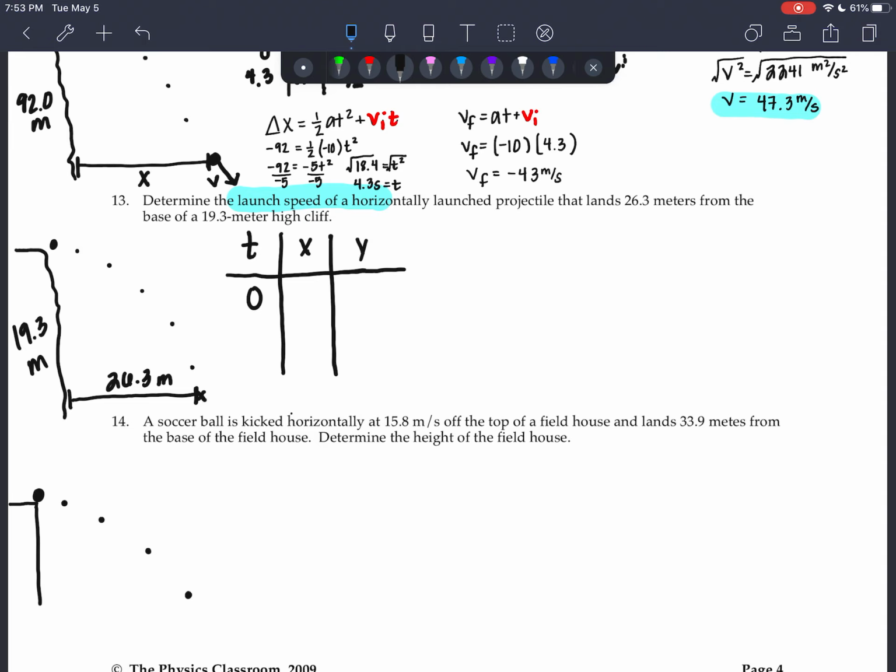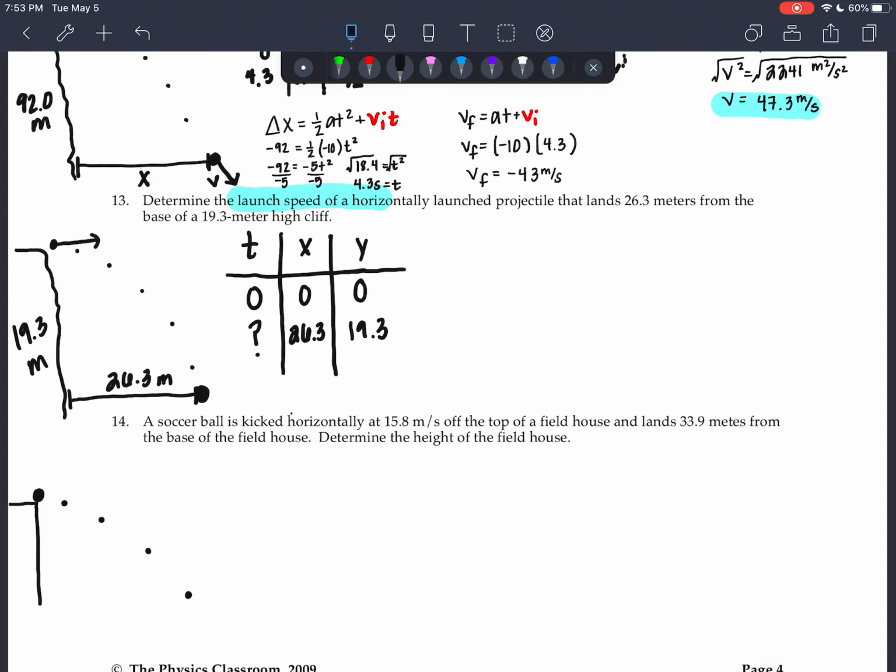At time 0, my ball is at position 0 for X and position 0 for Y. I don't know what time it's going to hit the ground, but I know that at that moment, this is the moment it hits the ground. It's going to be at a horizontal position of 26.3, and it's going to be at a vertical position of 19.3.